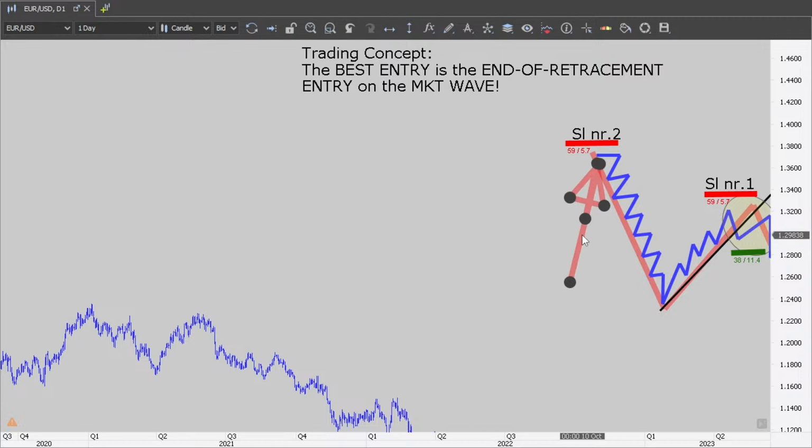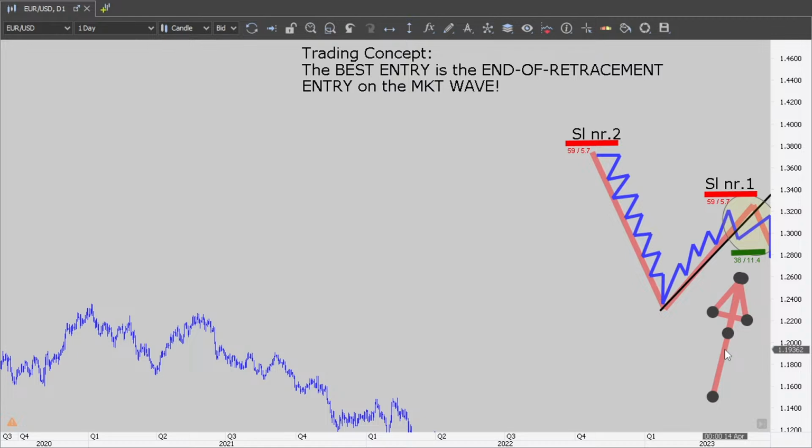And then we have a question, what is driving what? Is the red market wave driving the short-term trend? Is the red driving the blue, or is the blue driving the red? Hedge fund trader Sam, you are quiet, come on.